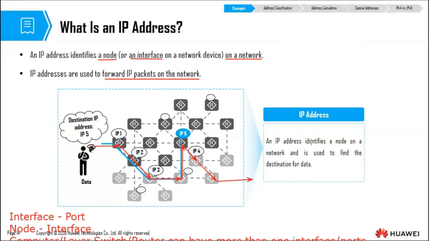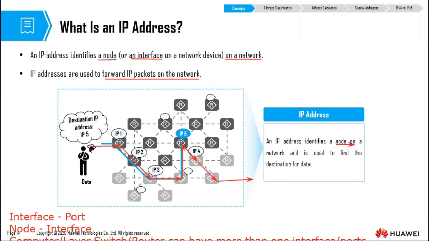So an IP address identifies a node on a network and is used to find the destination for data. To assign an IP address to a device, you have to configure an IP address for the interface on the device.